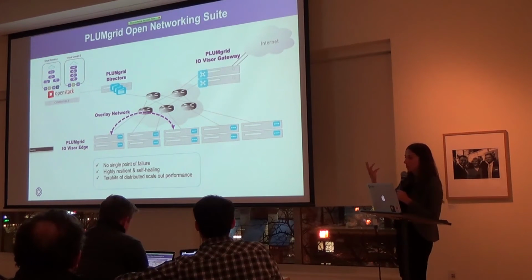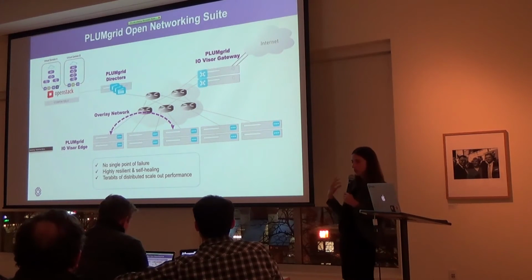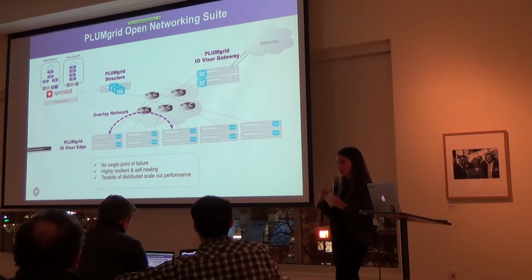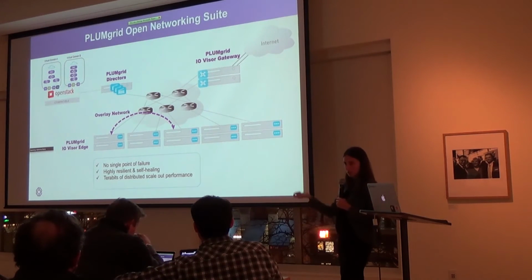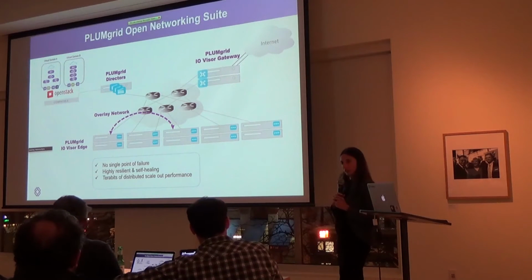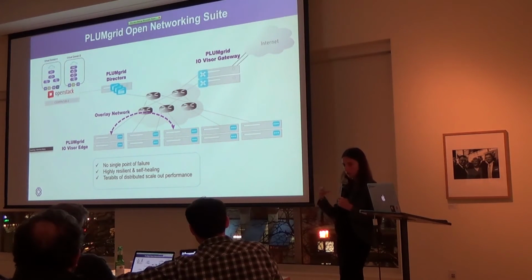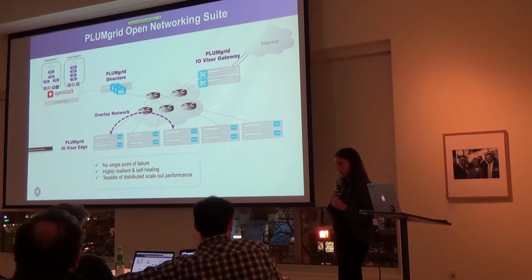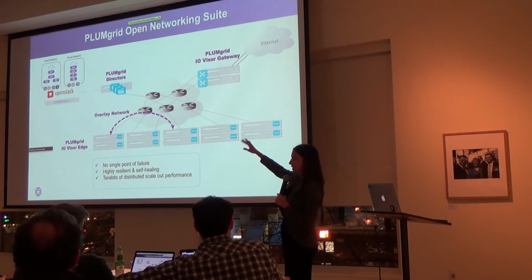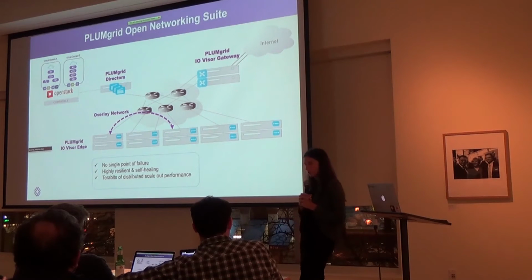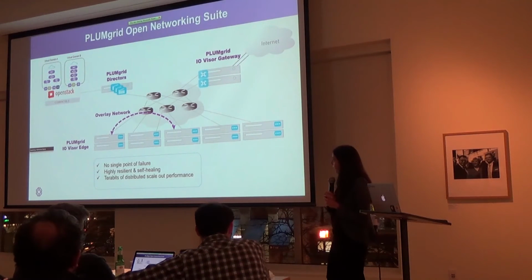And then we have the PLUMgrid directors. So the directors are purely control plane functionality. It's kind of the brain of the system. It's the one that talks with OpenStack and gets the definition of the virtual domains and, based on where everything needs to be connected, makes the magic happen, establishes all the overlay tunnels that are needed for communication between compute nodes.